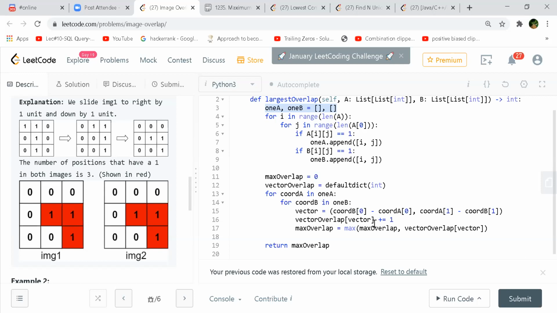Yeah, that's a dictionary kind of. And every time just keep on updating the max overlap by taking that value from the dictionary. Because if the difference is same, it means they are the same orientation, so overlap.